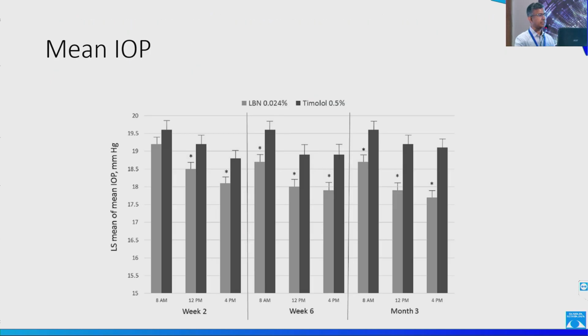And what you can see is, compared to timolol at all time points during the study, you saw significantly higher intraocular pressure reductions, which seem to increase. So you can see that the difference between timolol and latanoprostene bunod increased at 3 months. So you saw even beyond 6 weeks a further reduction in intraocular pressure as compared to timolol alone.